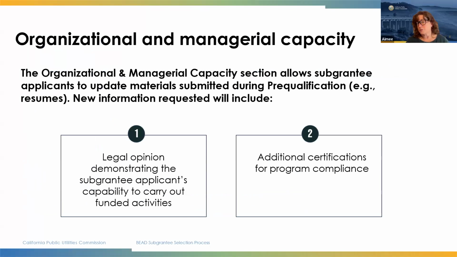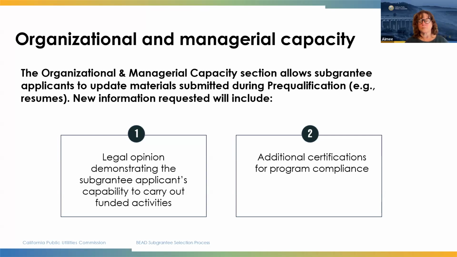The organizational and managerial capacity sections allow subgrantee applicants to update materials submitted during pre-qualification. These materials are going to include an organizational chart and key personnel resumes, and a number of required pieces of information to show that the organization has the capability to run a large project, that it contracts or has personnel that know how to build broadband networks.